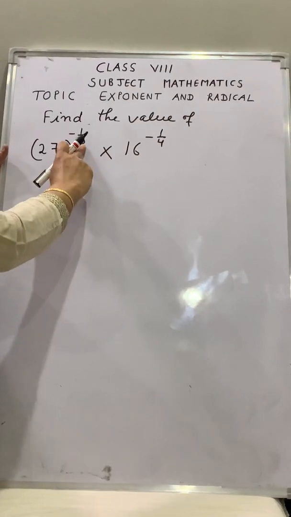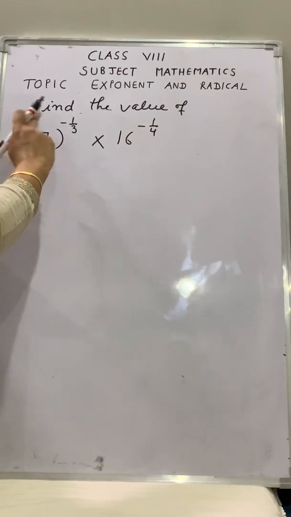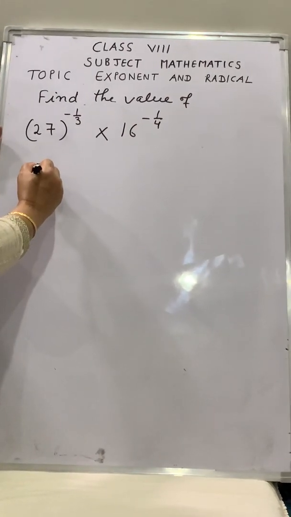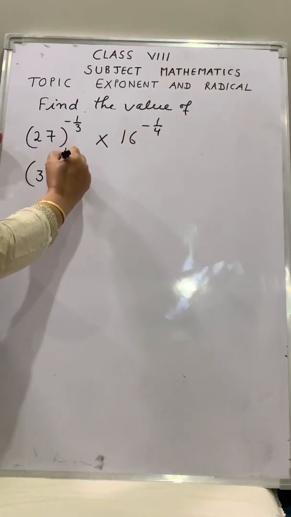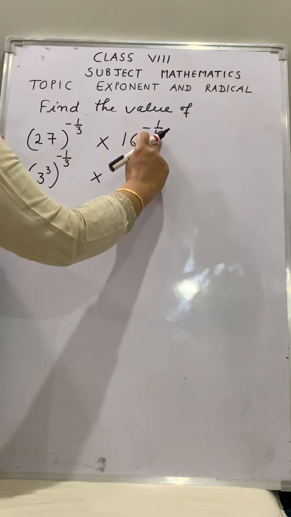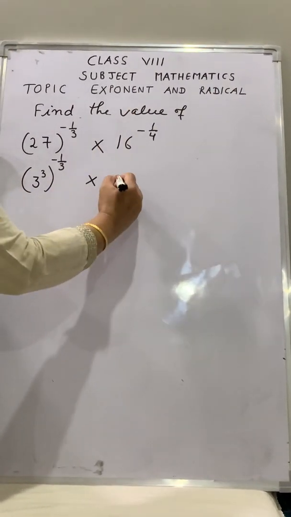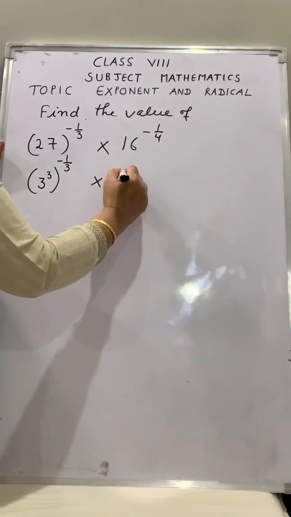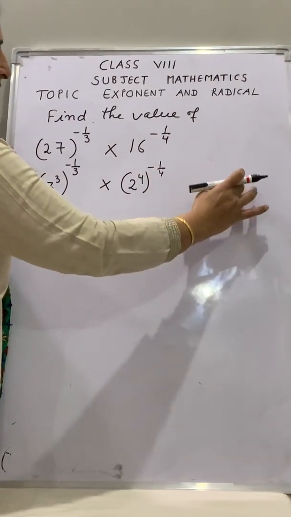Index is 3, so we will try to make the base power 3. We will write here 3 raised to power 3, minus 1 by 3, multiplied by, here index is 4, so we will try to make the base power 4. It is 2 raised to power 4.